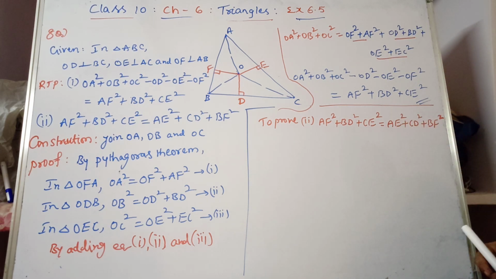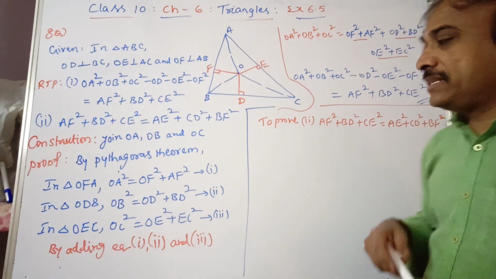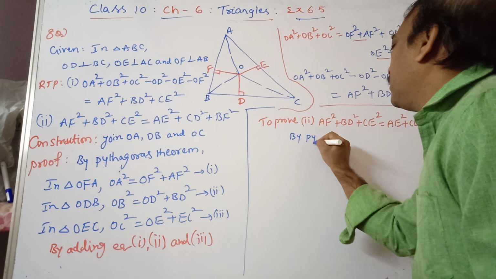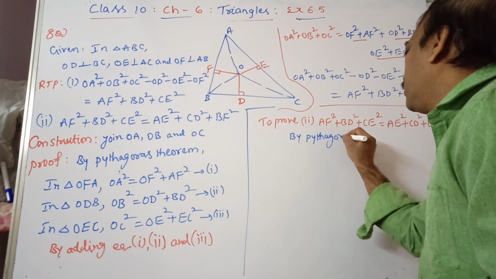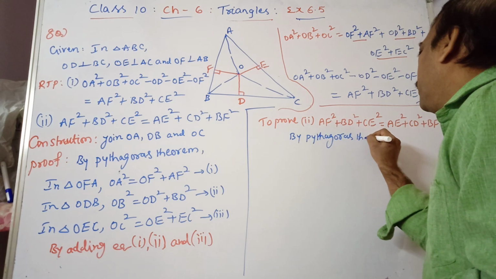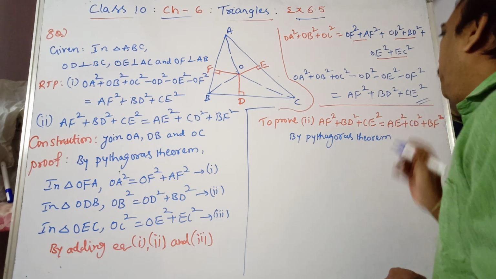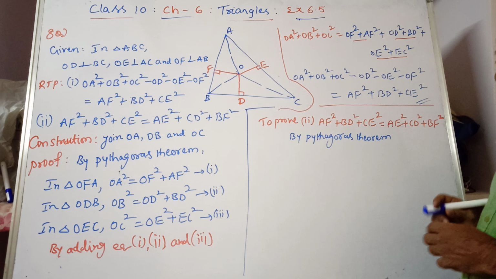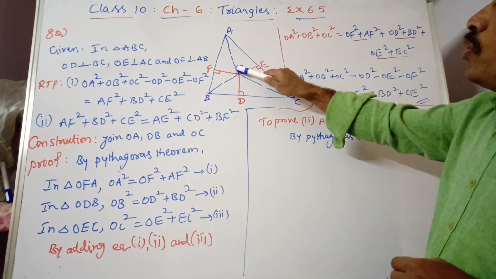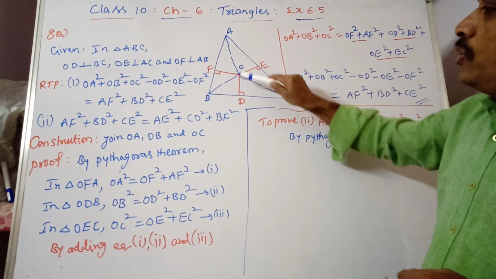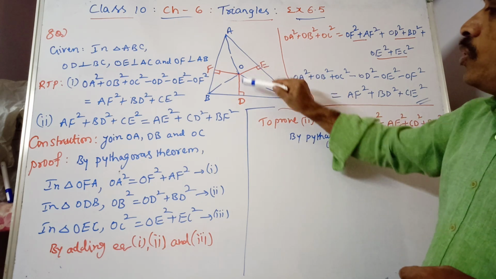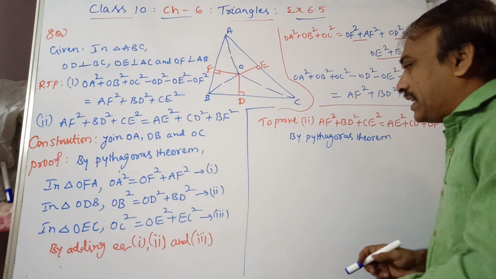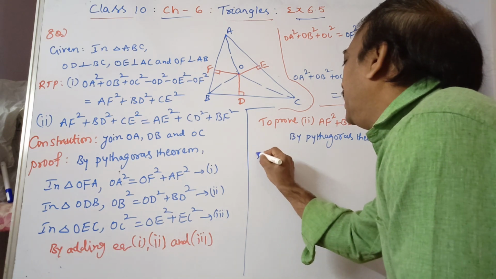To prove the second one, again by Pythagoras theorem. So we are applying the Pythagoras theorem again. Now we are considering triangles ODB and ODC.